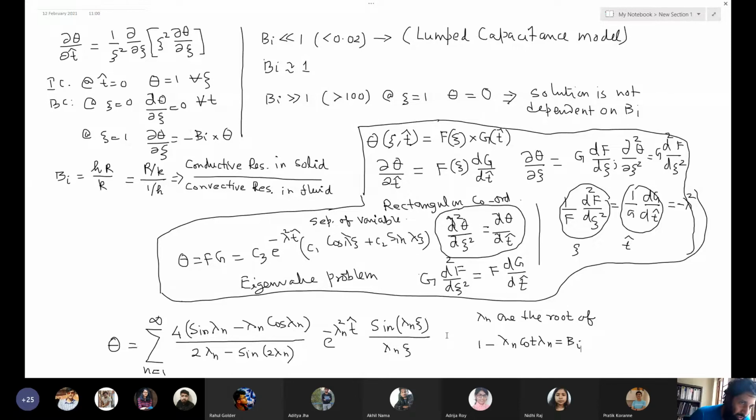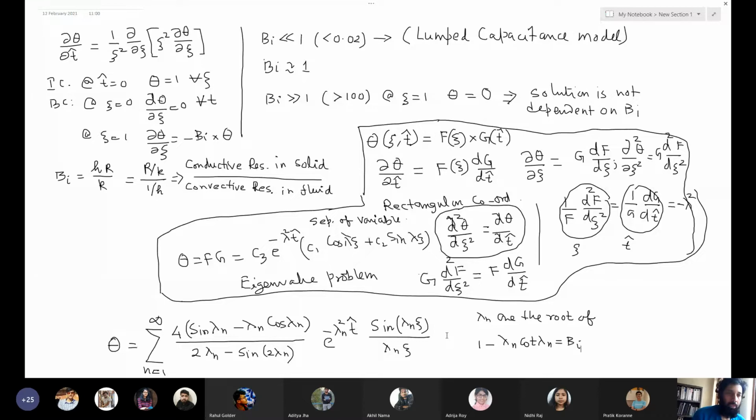But look at the expression, and now let us think that for a given case, how will you solve this? First, you have to compute Biot number, and then you have to compute lambda 1, lambda 2, lambda 3, lambda 4 by solving the equation 1 minus lambda n cot lambda n equals Biot number.